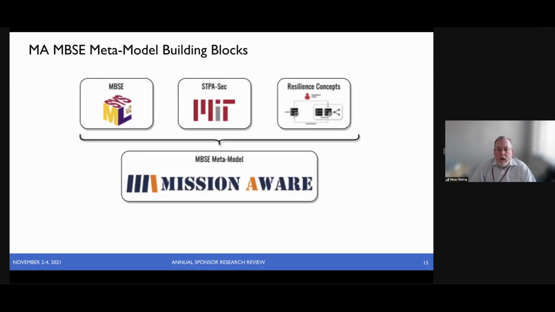You can see 3 of the elements shown here, and there are still others that we're not including for simplicity right now: model-based systems engineering, something called STPA-Sec, which is a methodology on its own from a different source, and notions of resilience concepts, where our foundation would be the Sentinel-based resilience concept that Tom walked through, but potentially other concepts from MITRE, anything that you have in mind could in principle fit into this general kind of thinking. It might require a little bit of work. Next slide, please.